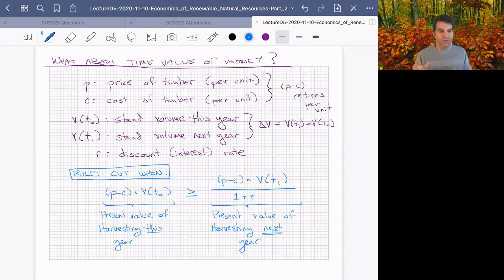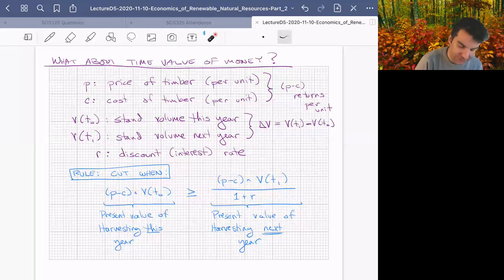So with a little bit of algebra, if we look at this thing here, it turns out that for this Wicksell rotation, this P minus C cancels out of both sides. So that's super convenient, right? You can just divide both sides by P minus C, and then you're just left with the volume from this year is greater than or equal to the volume from next year divided by a discount.